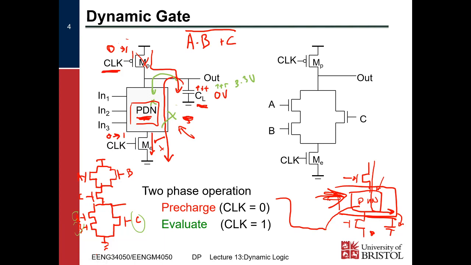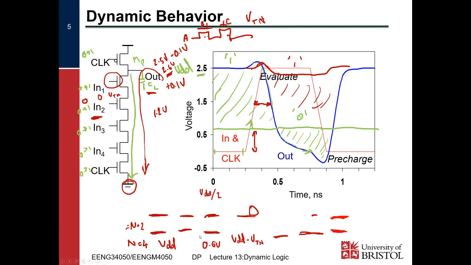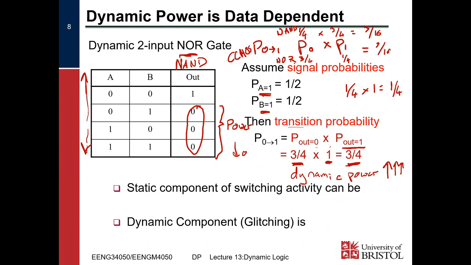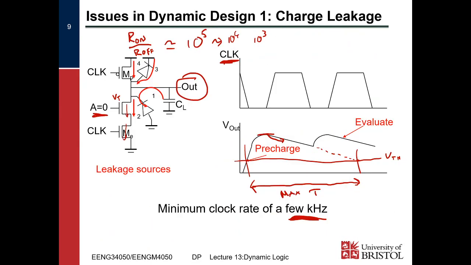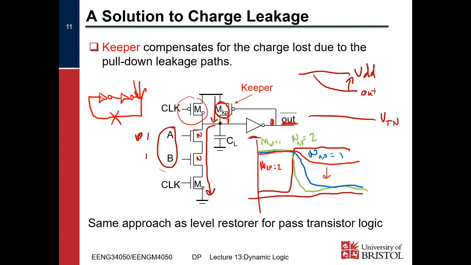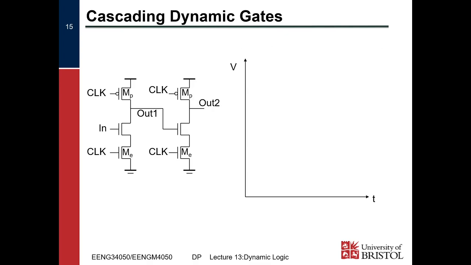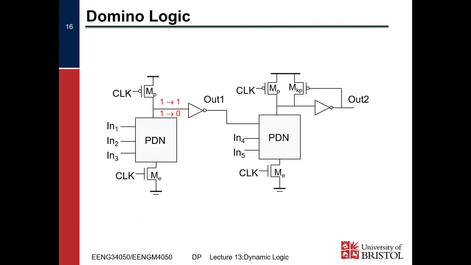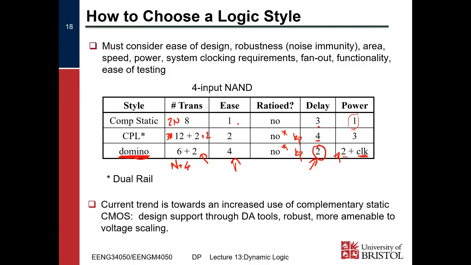As for if there's any specific applications where one technique is better than the other, if we just look back at the end of the lecture, the place you will find dynamic logic is purely dictated by this number here, right?